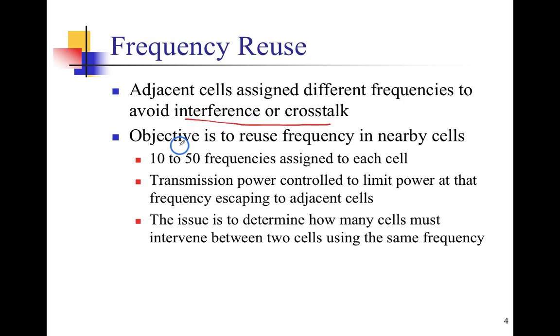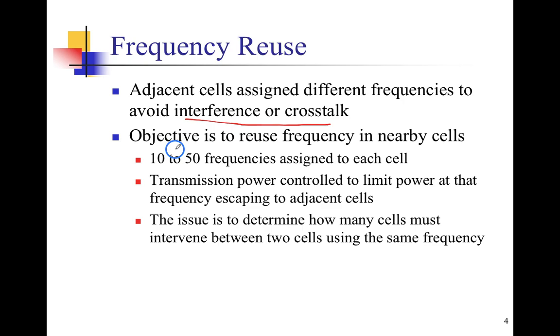So the objective is to reduce interference in nearby cells. The objective of having frequency reuse is so that you can use the frequency in other cells, so that you avoid the limitation of frequency.